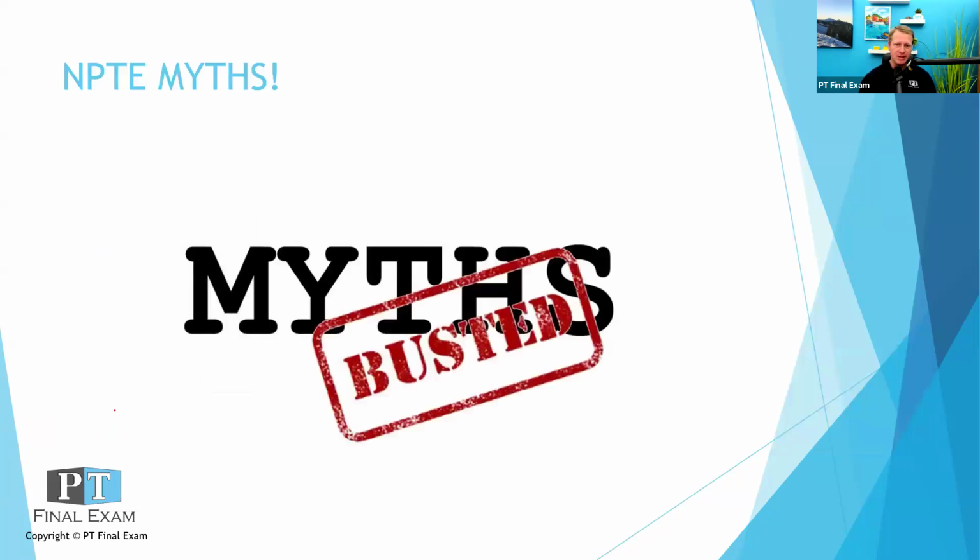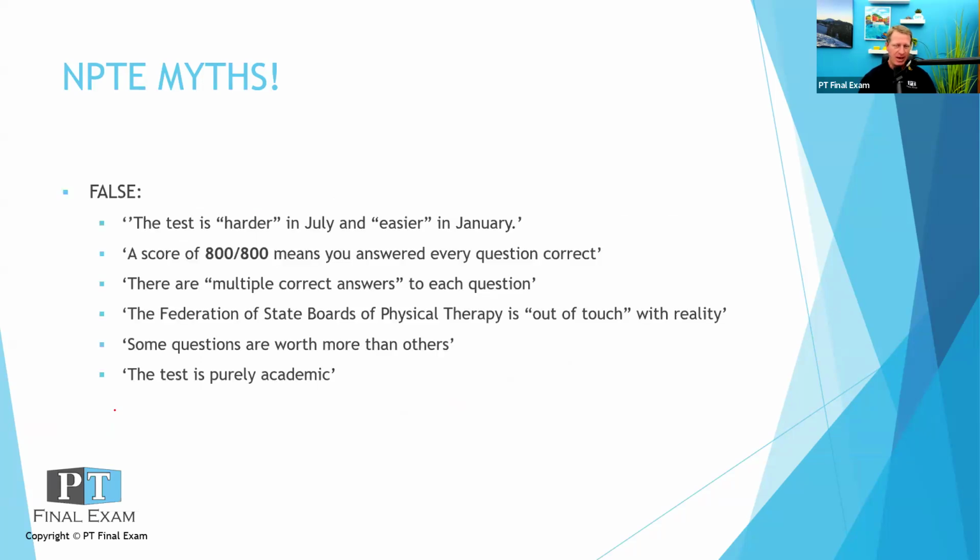So let's talk about some of the myths on test day. There are a few myths that exist, and I've added to these a little bit in recent days. One of them is that the test is harder in July or easier in January. Now, the truth is that more people do fail in July and fewer people fail in January. Why is that?